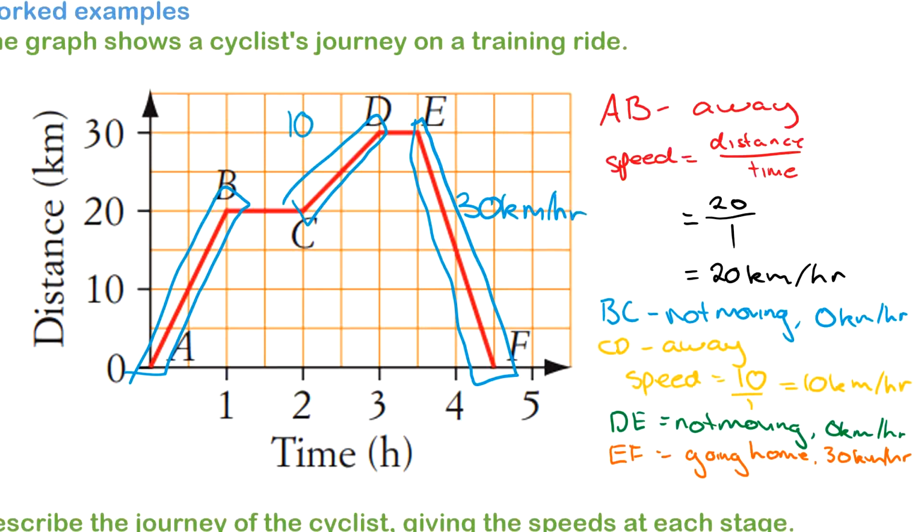Up here was 10 kilometers per hour, and down here it was 20. Knowing each of those speeds, you can see that the steepness does actually represent the speed. The steeper the line, so E to F is the steepest, the higher the speed. Next comes our A to B, and then finally our C to D, and the speed goes down as the steepness changes.